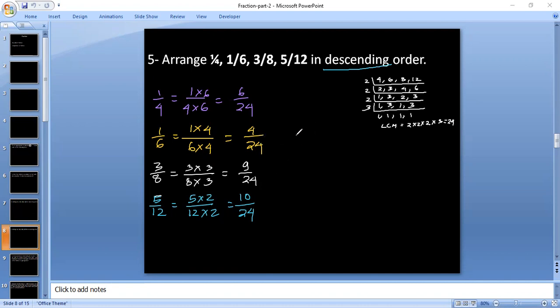So you should write, hence, 10 by 24 is greater than 9 by 24 is greater than 6 by 24 is greater than 4 by 24.